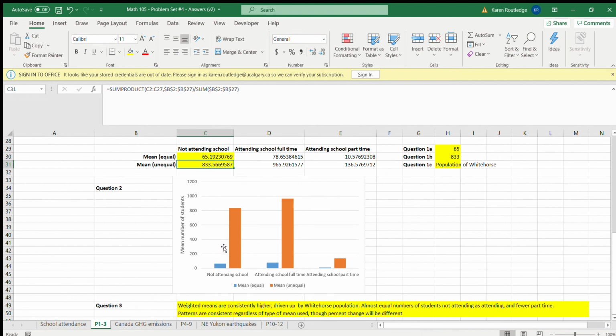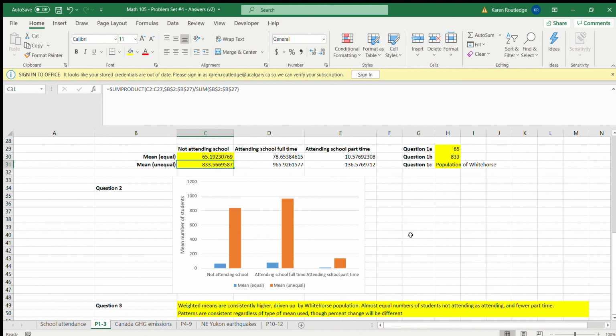The relative height of the bars stays the same across categories regardless of what mean you used. Meaning, the full-time attendance has the highest unequally weighted mean. It also has the highest equally weighted mean. And this category was second for both of them. It didn't matter which mean, and this one was the last.